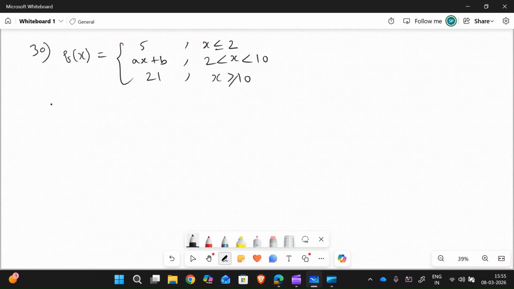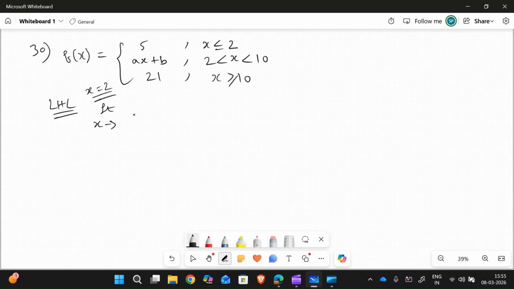Similar to all the questions, what is one similar thing? We calculate LHL, RHL, and the function at that point. If you have to calculate k or lambda, given that the function is continuous, only then you calculate either LHL or RHL. Okay. Now limit extending to, we'll first see at x equal to 2.